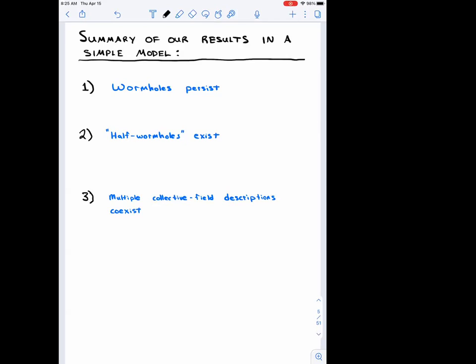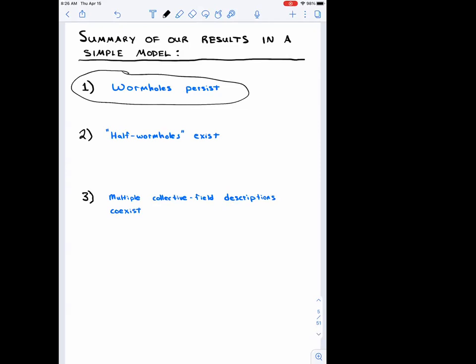So in this model, what we're going to do is start out with a disorder average, and then we're going to freeze the couplings. And here's what happens. So first of all, wormholes persist. The wormholes remain even when you fix the couplings. That sounds like it's going to break factorization, so we have a mathematical contradiction.